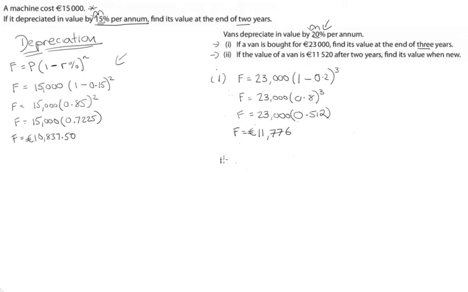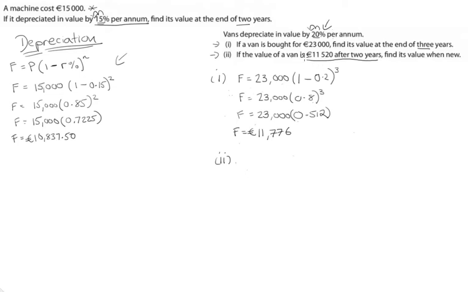Now, the second sum is slightly different, but it's similar to another sum you should have done before this video. Here, it says if the value of the van is 11,520 after 2 years, find its value when new. So assume it's a different van, but the van is still depreciating by 20% each year.